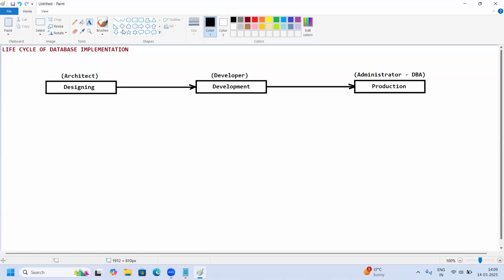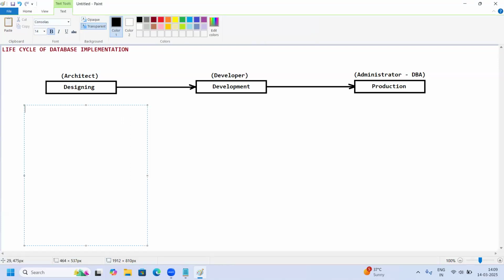Now, let me describe the responsibilities of each phase. Responsibilities of the first phase: I'll talk about it first. Designing stage: planning and analyzing client requirements.